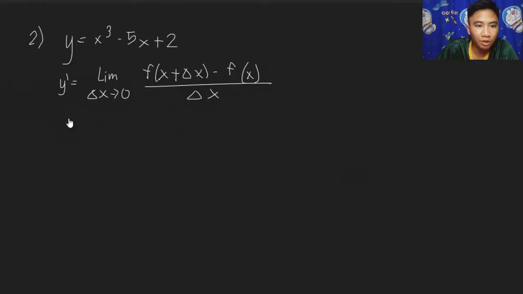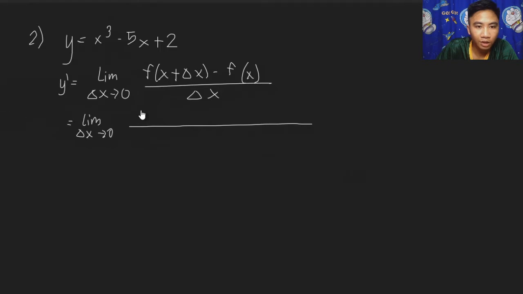So simply substitute the limit delta x approaches to 0.